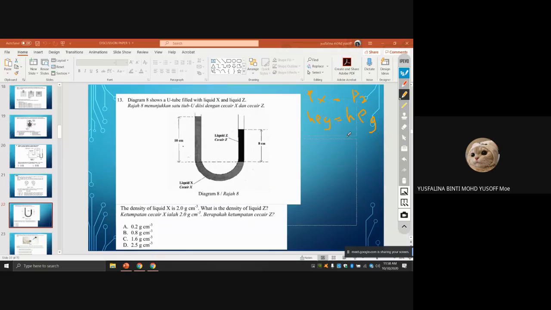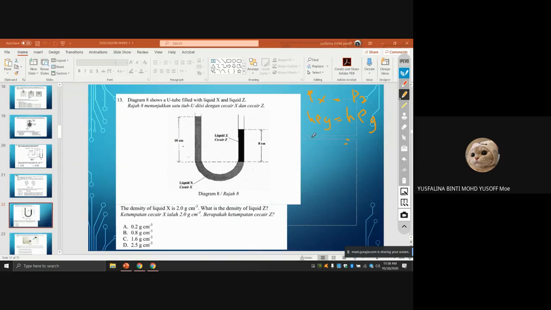Okay, so the h for X is 0.1, right? So change to meters first, sorry, no need because this one is already in cm, right? So also in cm, so no need.